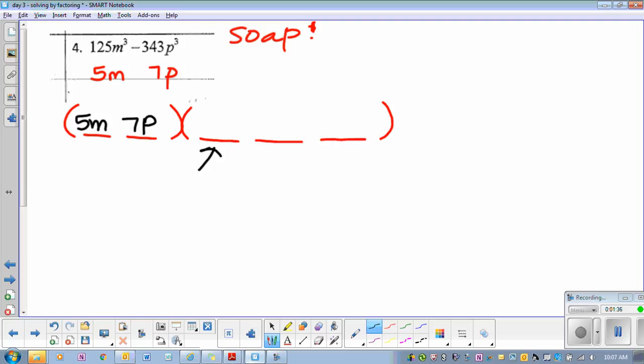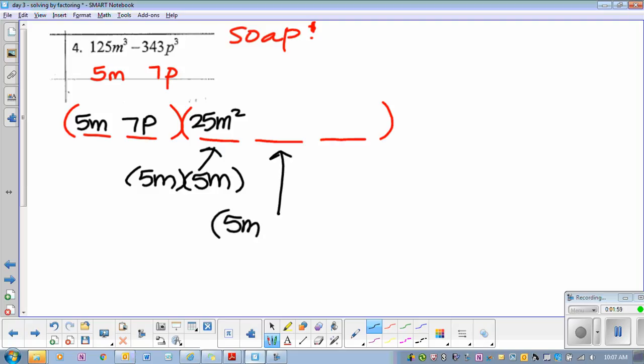What goes in this first one? Anyone know? Okay, so it's 5m times 5m, right? 25, yes, m squared. Just be careful of that, okay? 25m squared. So in the middle, they multiply each other. Who can tell me what we get then?